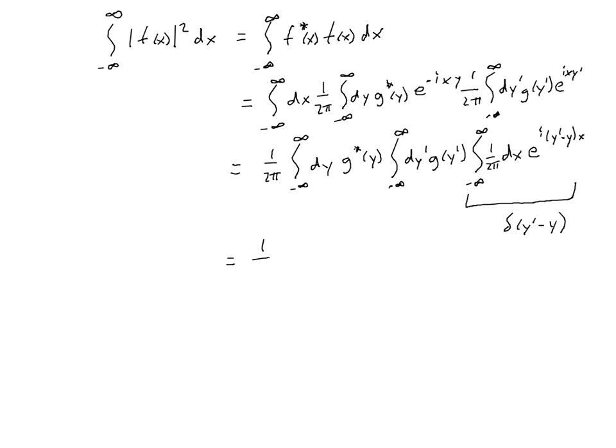So I end up with 1 over 2 pi times the integral from minus infinity to infinity of the integral of my complex conjugate of g, and then I have my integral of dy prime, g of y prime, and then my delta function.